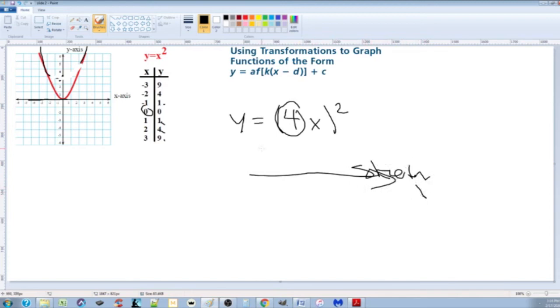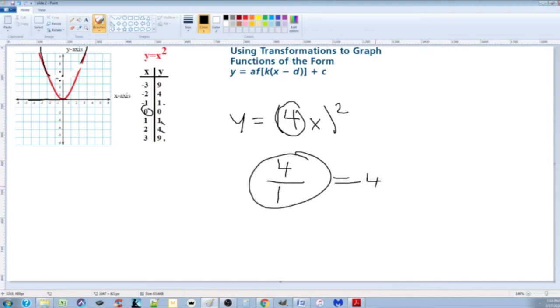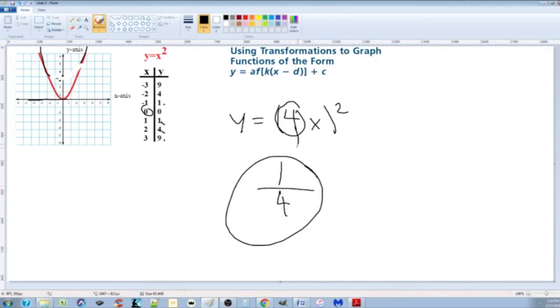The opposite thing happens here when it's a number in here. And to figure out what happens, we simply take this 4. By the way, if any number is simply 4 over 1, that's the same as 4. And we simply flip it upside down to figure out what actually happens. Well, this actually is 1/4.